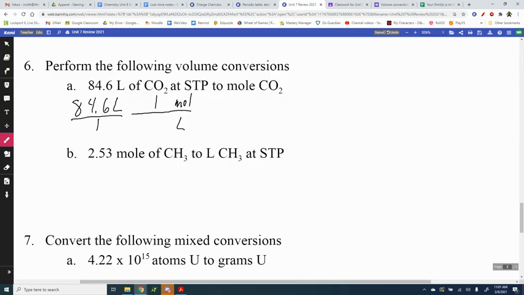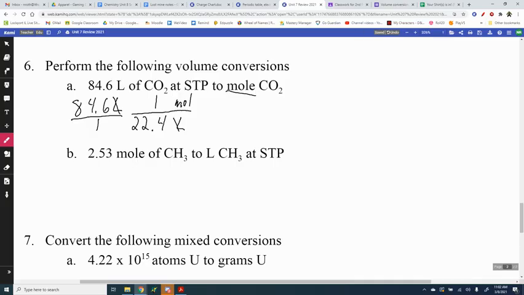Now, the conversion factor for liters to moles is 22.4 liters equals 1 mole. So we already got the 1 mole part. So now we just do 22.4 liters. Liters cancels out.